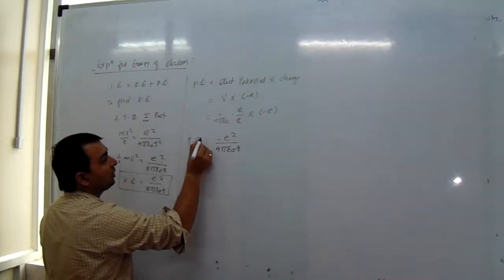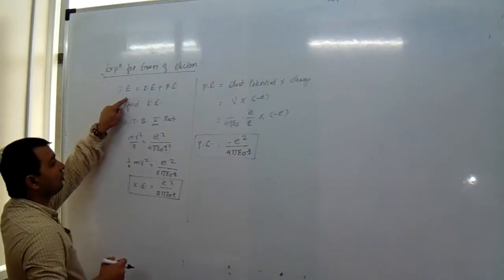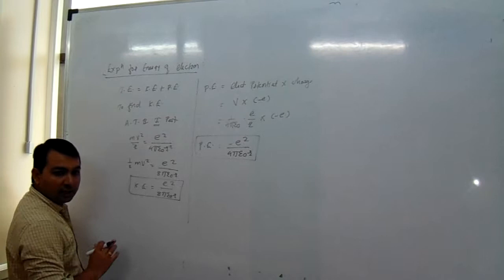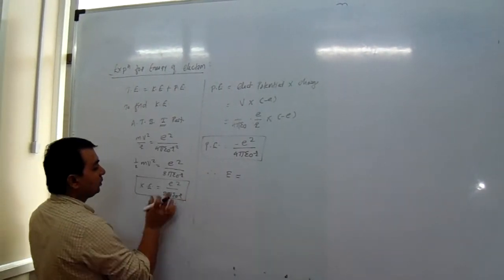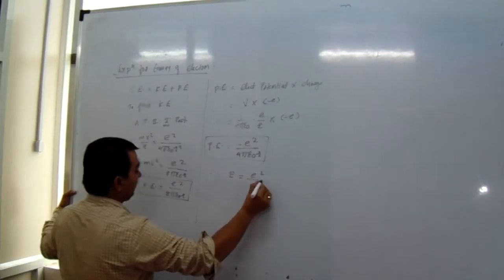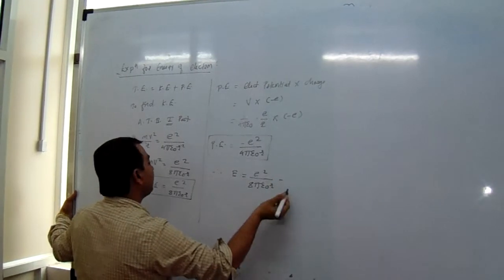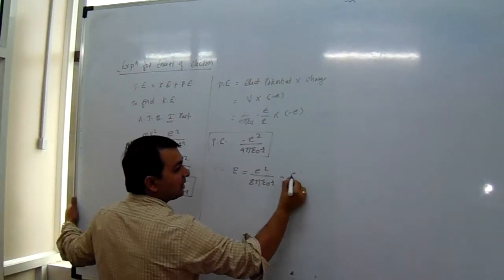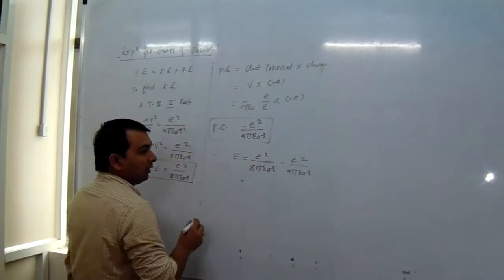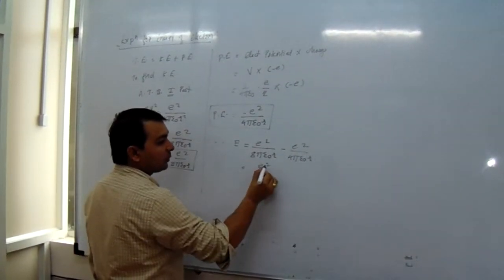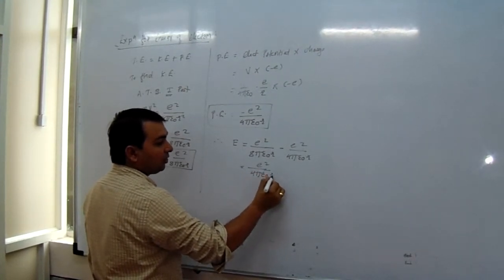This is the formula for potential energy. All of us have seen that the total energy is the sum of kinetic energy and potential energy, and therefore the total energy E is equal to kinetic energy, e² upon 8πε₀r, plus potential energy, minus e² upon 4πε₀r. Now we can take e² upon 4πε₀r outside.